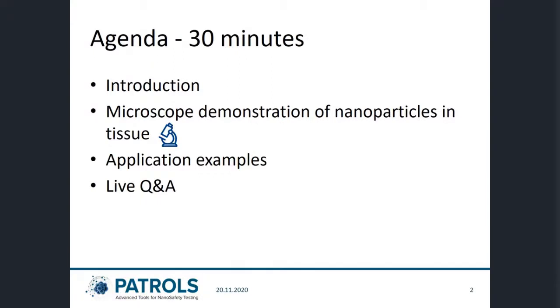The agenda for the next 30 minutes is that I will give you a short introduction, and then I will show you a demonstration video of the microscope from our lab. Then I will show you some application examples of this technique, and in the end you can ask me questions.